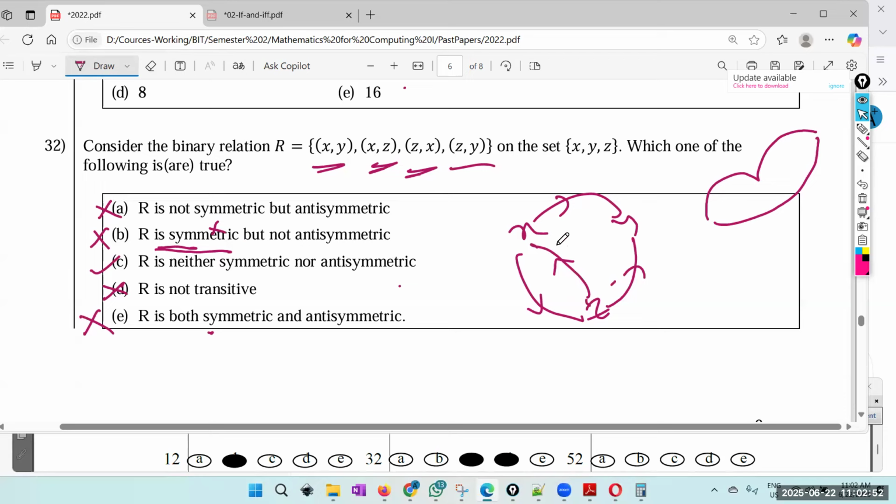According to that logic, whenever something is not symmetric, but that is also wrong, right? Because there can be not symmetric but transitive. For example, X to Y, Y to Z, then X to Z. Now, can we say that it is not transitive? But X to Y, there's no Y to Z.